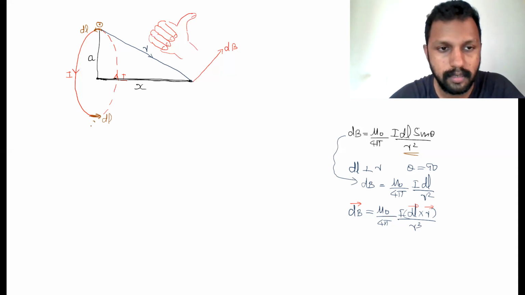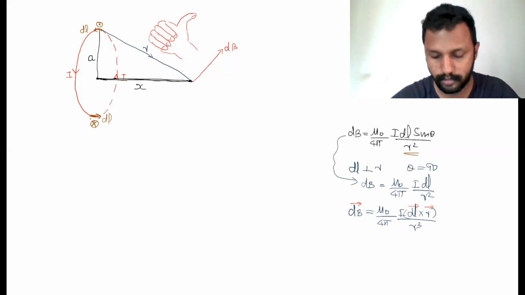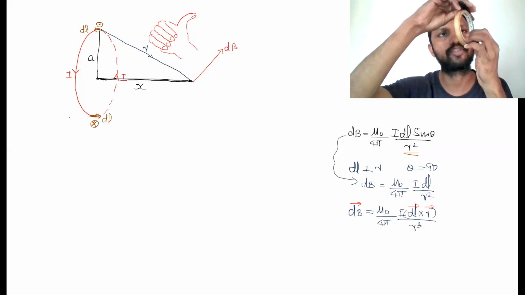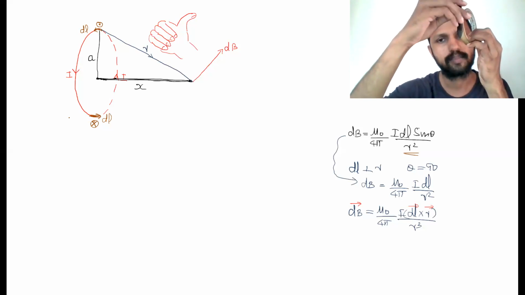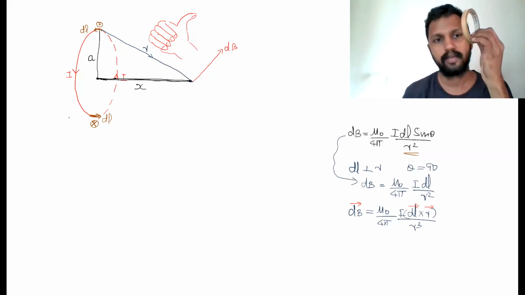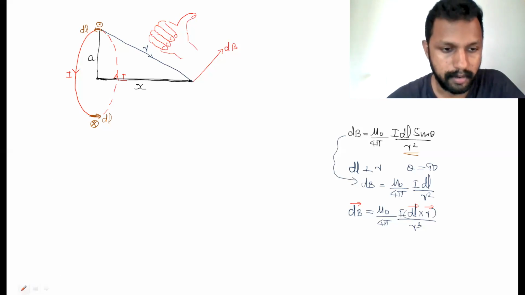Inwards means the direction is marked as a cross mark. Therefore, at the extreme lowest point, the direction of dl is inwards. That is, if the direction of dl is outwards at this point, then at this point the direction of dl will become inwards. Okay, inwards.